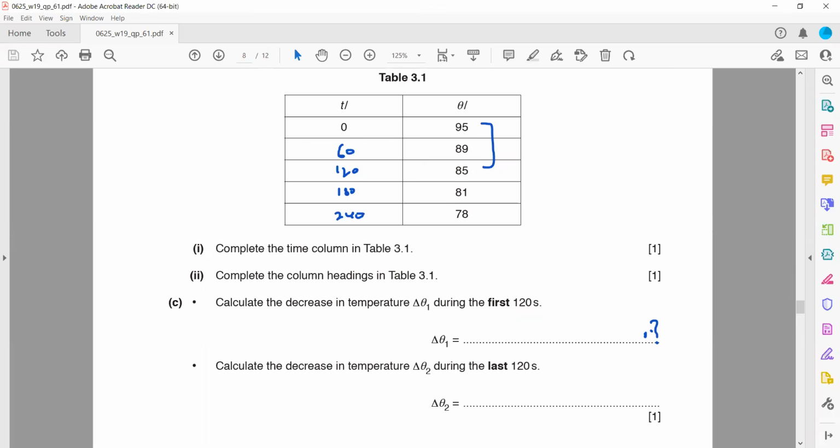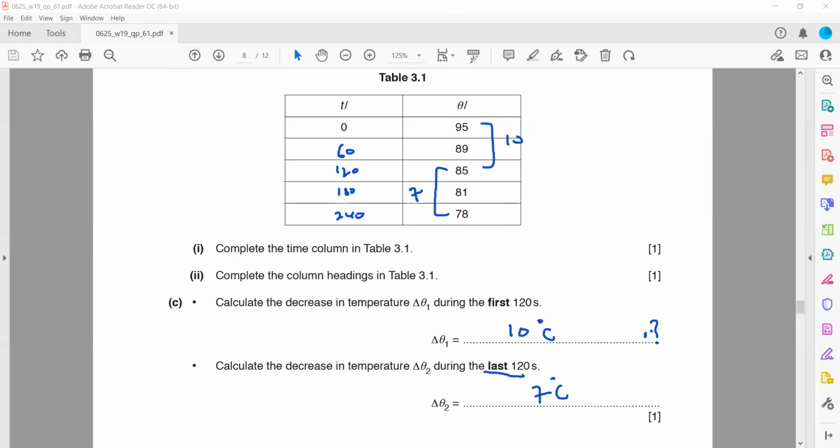So the change is 10. And what is the temperature change in the last 120 seconds, from 120 to 240? From 85 to 78, so it becomes 7. So this is 7 and this one is 10. In the beginning, the temperature change was more and later the temperature change decreases.